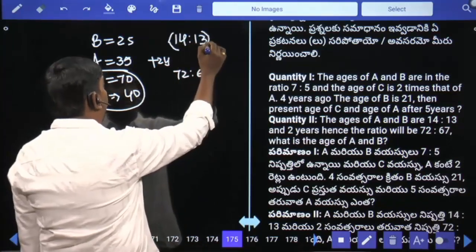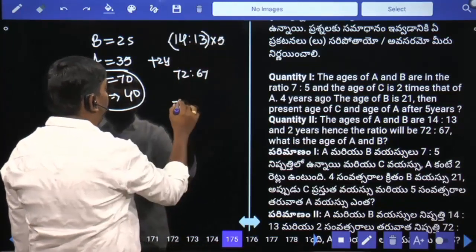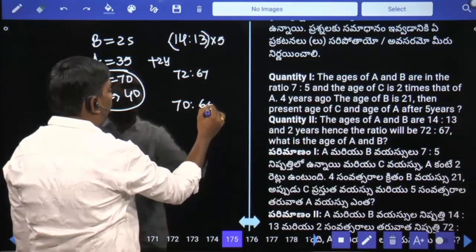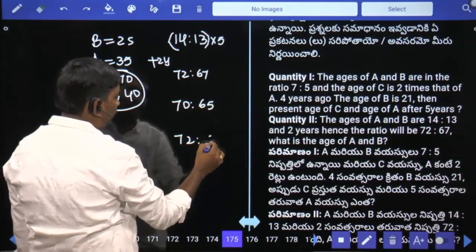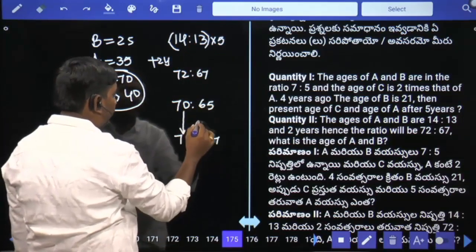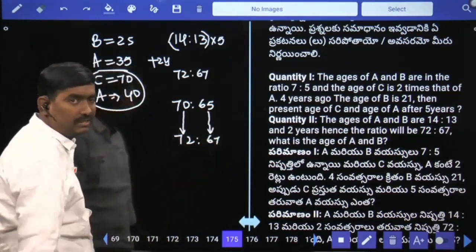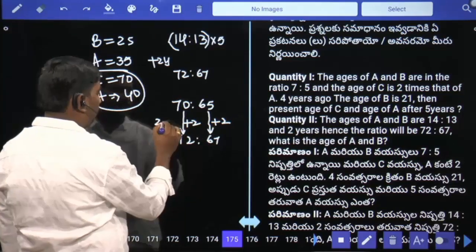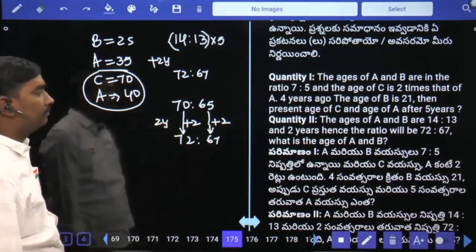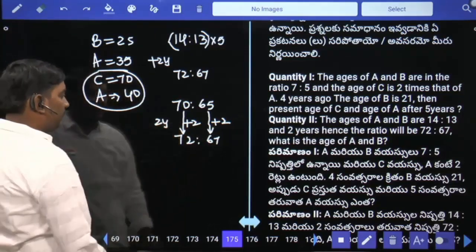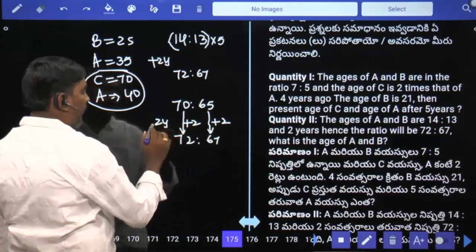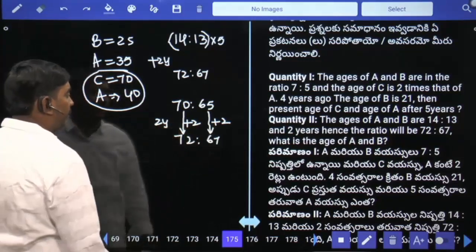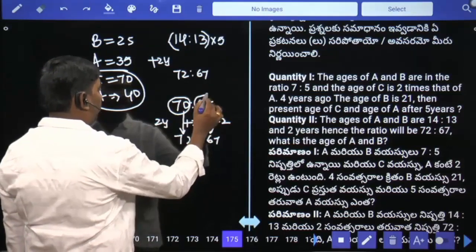Multiply the first ratio by 5 to get 70:65. 70 became 72 and 65 became 67. 2 parts increase for how many years? 2 years. So 2 parts value 2 years means 1 part value 1 year. A is 70 years, B is 65 years.